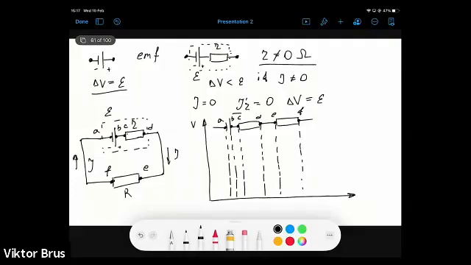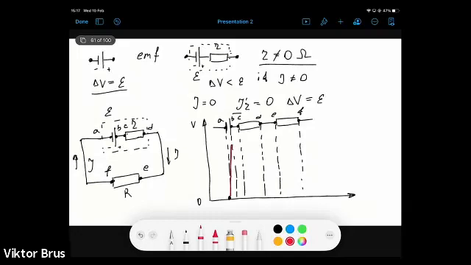So here, if we start from point A, it actually can be considered as potential 0. Then we increase potential because we have this electromotive force. We increase this potential here very rapidly because charges move through the battery, and this battery increases the electric potential.